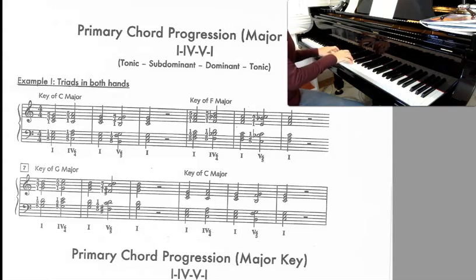So here's our G chord, 4 chord, back to G, 5, 7 with the F sharp, and back to G.